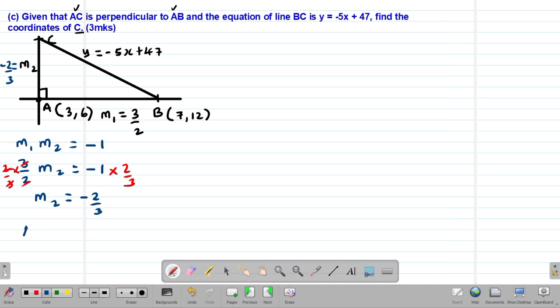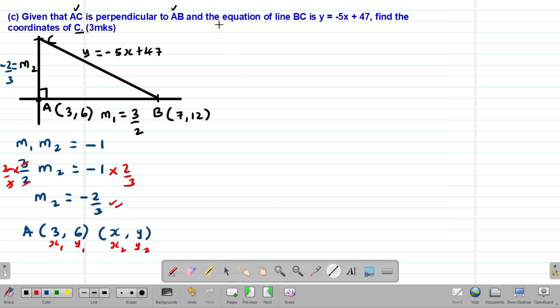So the point through which AC is passing through is the point 3, 6, which is the point A. I'll also pick a general point x, y, so that I can easily find the equation. So this will be my x1, then this will be y1, then this will be x2, and this is y2. Then the gradient is -2/3.